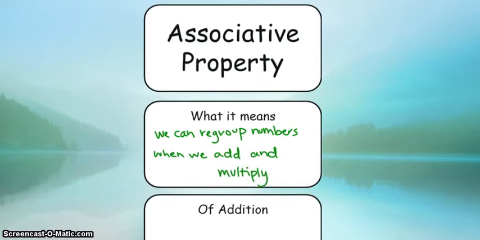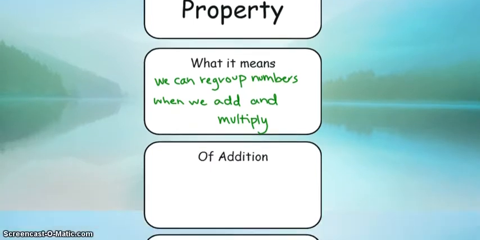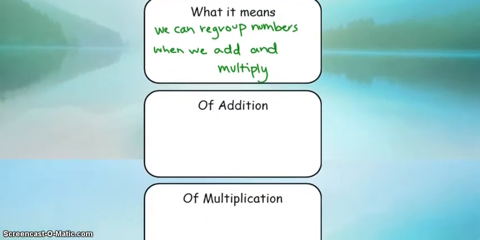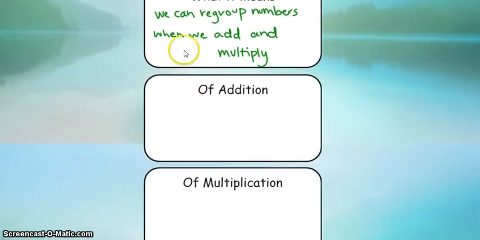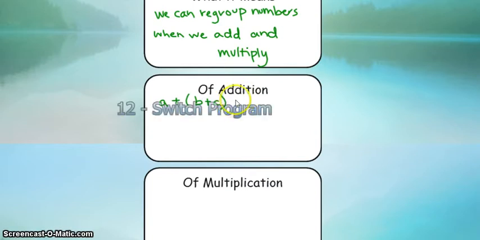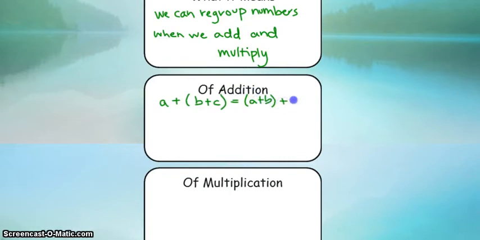Okay, so we have two again. We have the associative property of addition and the associative property of multiplication. Of addition, this is how it looks in algebra. a plus the quantity of b plus c is equal to the quantity of a plus b, plus c. So we're switching what we're grouping them with, okay?